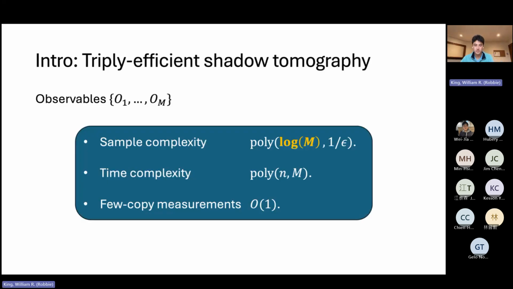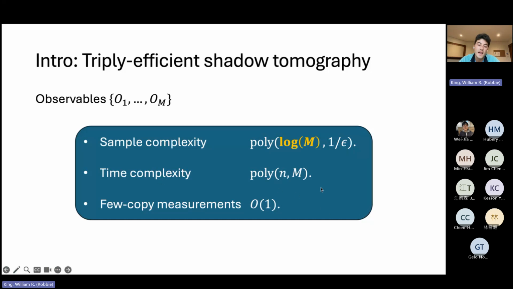Okay, so this brings us to our definition of triply efficient shadow tomography. We would like to maintain this logarithmic in m scaling of the sample complexity, which was exponentially improved from the one at a time approach. But we would also like the time complexity to be polynomial in n and m.